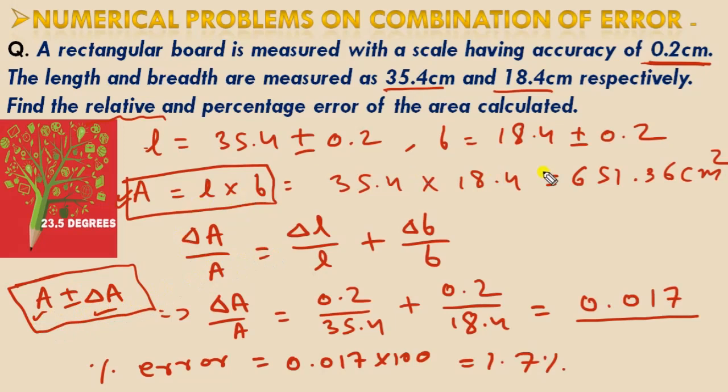Okay, so A is 651.36, here A is 651.36 plus minus delta A. Delta A can be calculated from here, delta A upon A is 0.017, right?